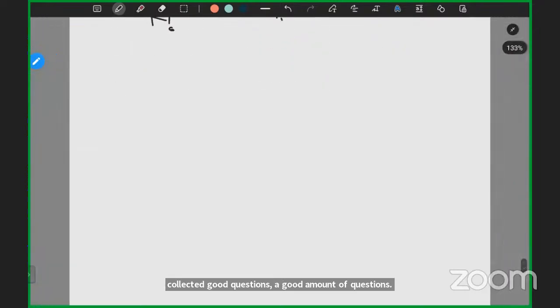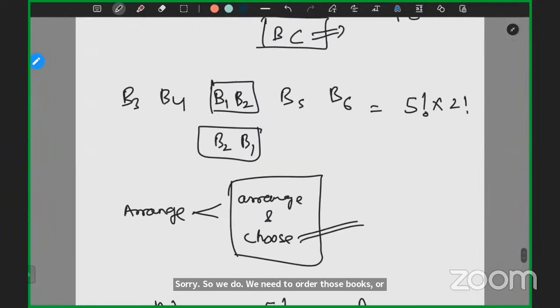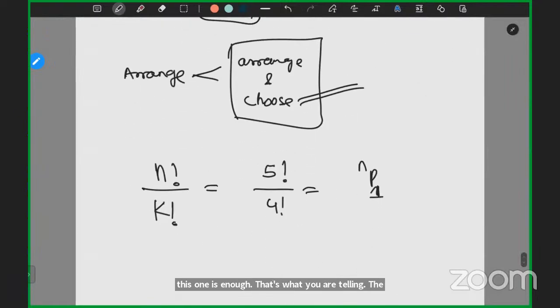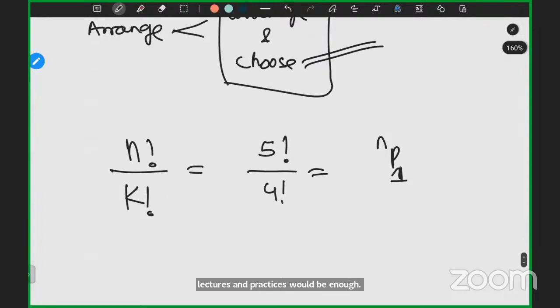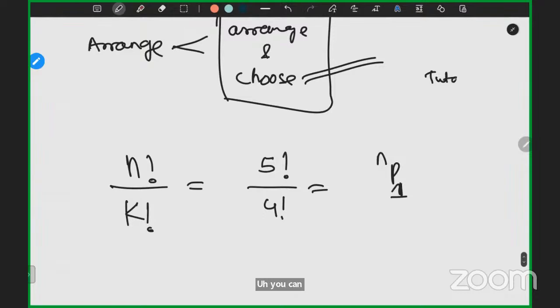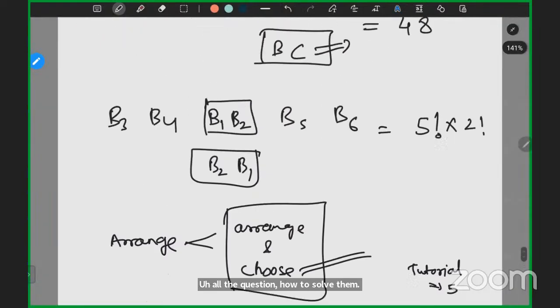Do we need to order those books, or is this enough? The lectures and practice assignments would be enough. Also watch the tutorials, since tutorials are there every week, watch the tutorial for week 5. They are very good, showing how to solve the questions. Before seeing the answer, just think about all these things.